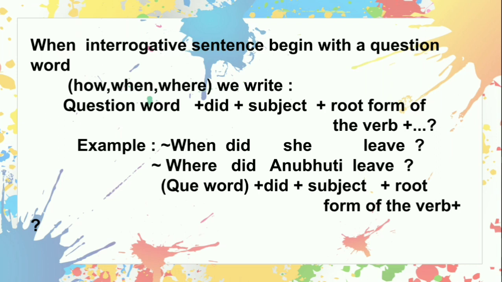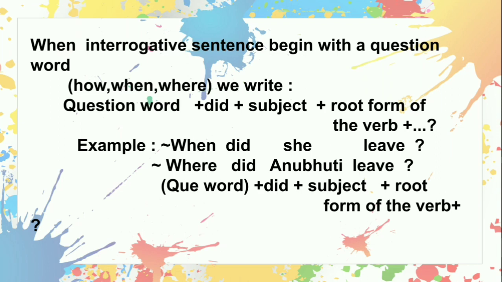When an interrogative sentence begins with a question word, how, when, where, that time we will make the formation like this. Question word. Which one is a question word? What, where, when, and how, plus did, plus subject he, she, it, they, we, and the plus root form of the verb and the question mark.